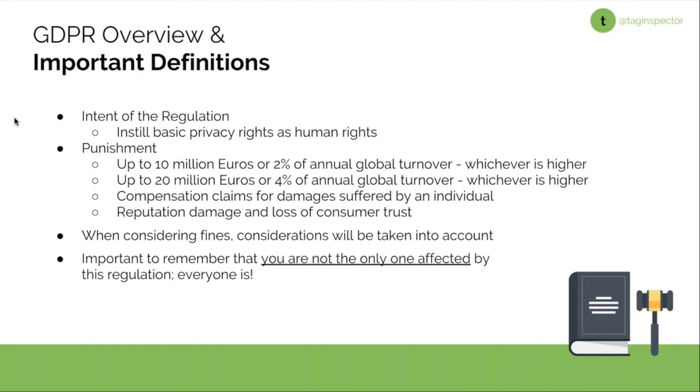It also gives the right for compensation claims for damages suffered by individuals. So there can be private action taken against organizations, and the resulting reputation damage and loss of consumer trust that comes with publicized violations of GDPR and privacy concerns.